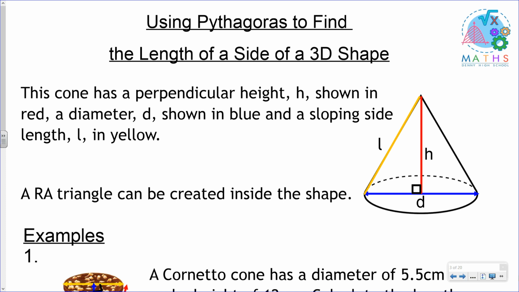You can see here that the height meets the diameter at right angles. So this red line meets the diameter at right angles, creating then a right angled triangle inside the shape. Let's look at an example.